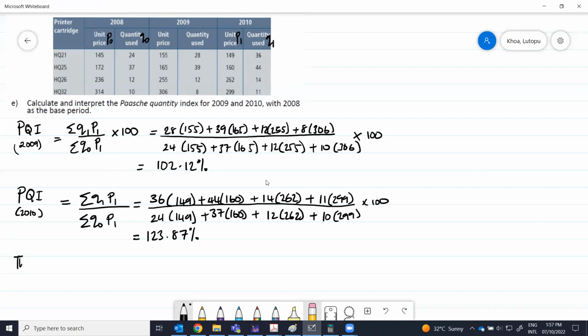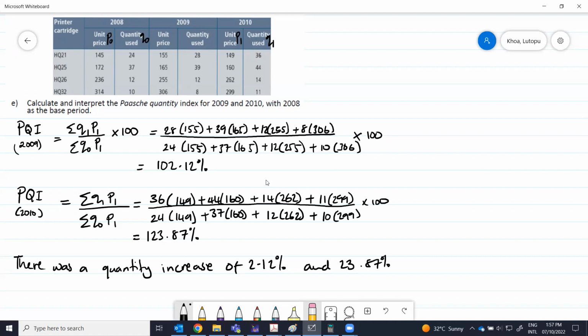So we can say that there was a quantity increase of 2.12% and 23.87% in, can word it a little better, in the number of printed cartridges.